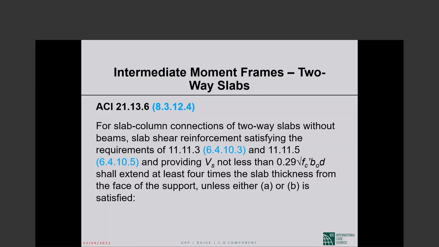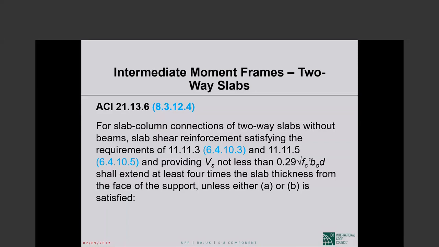And the SEAOC wanted to find out how these offices were meeting deformation compatibility requirements for flat plate column frames, which obviously had to be combined with shear walls or brace frames in California.